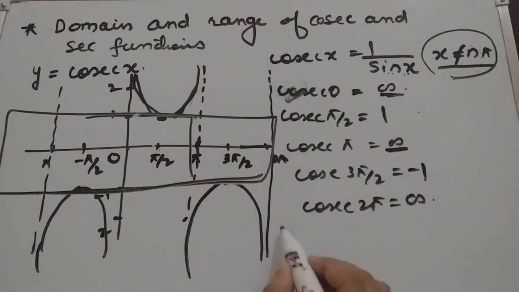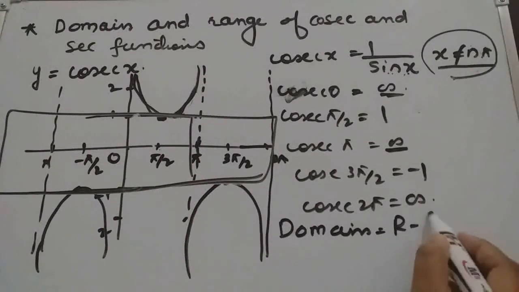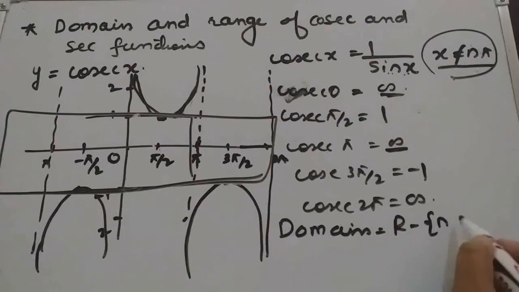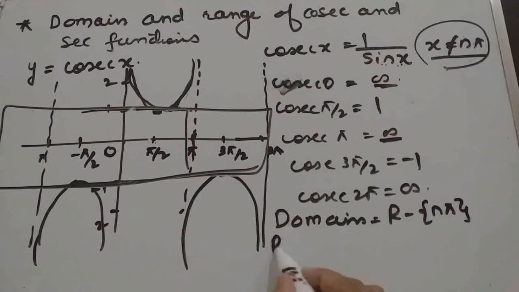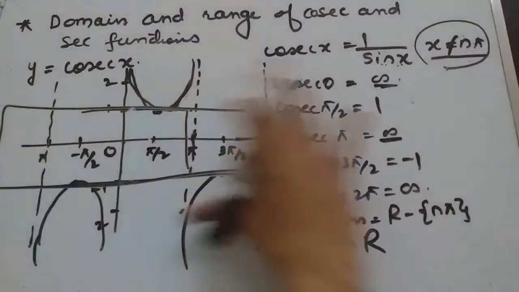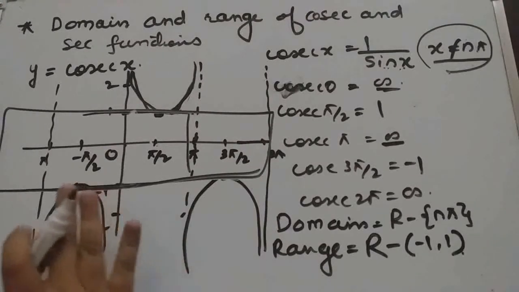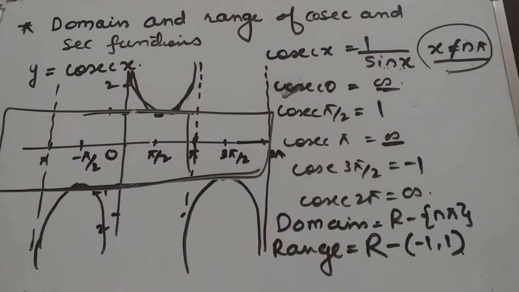So what we can say, the domain we know: R minus all the numbers which are n pi, that we can subtract, isn't it? And the range will be all values except this open interval minus 1 to 1. So this will be the range and domain of the cosec function.